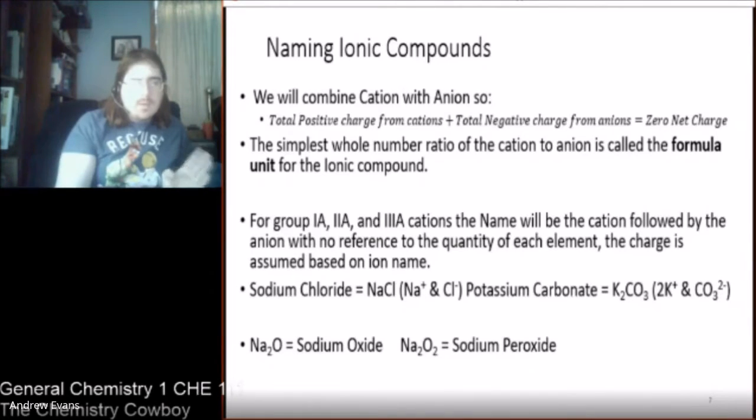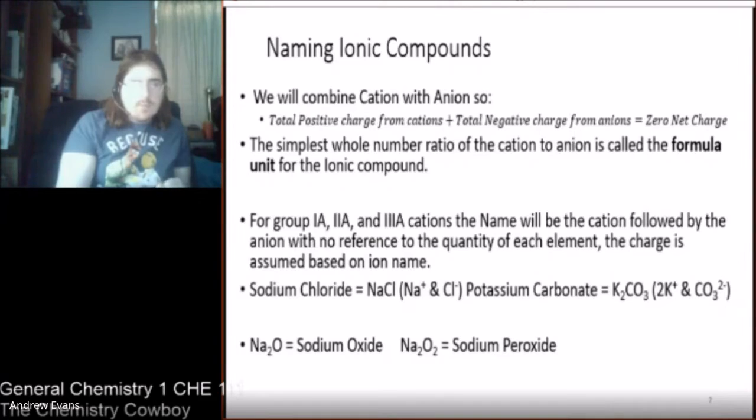Now, in order to put these guys together, we have to understand what the common charges of the cations and the anions are. So, in order to do that, we need to look at our periodic table. I don't have one right here in front of me, but I know enough of this that I can tell you. Typically speaking, group 1, group 2, and group 3 only have one set charge.